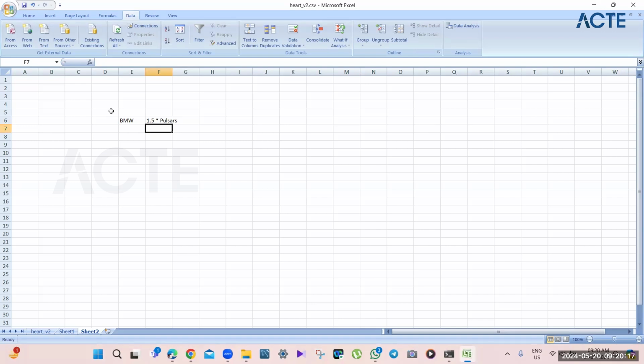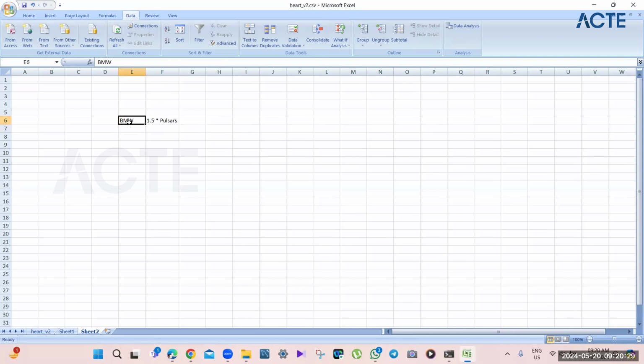So what is this 1.5? 1.5 is the coefficient. It's the connecting factor between these two data elements. If these are two different variables, BMW is one variable, Pulsar is one variable, then 1.5 is the connection between them. Right? So let's say I have these two values here, and let's say this has all the speed here.